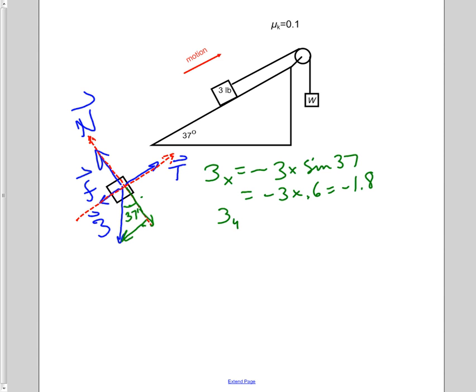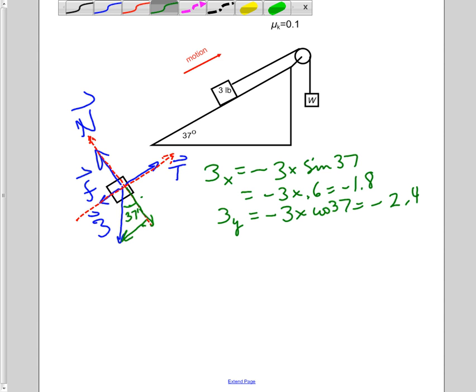W sub y is equal to, it's also negative, so I'll put that minus sign in, minus 3 times the cosine of 37, which is minus 2.4. And therefore, we can proceed.